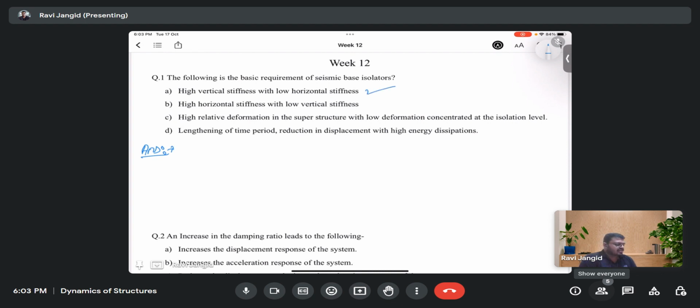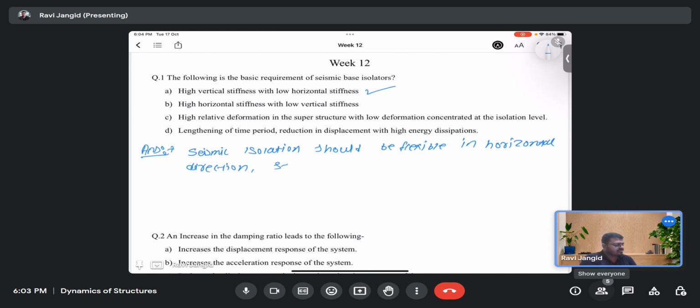The seismic isolator should be flexible in the horizontal direction and stiff in the vertical direction. Any other?